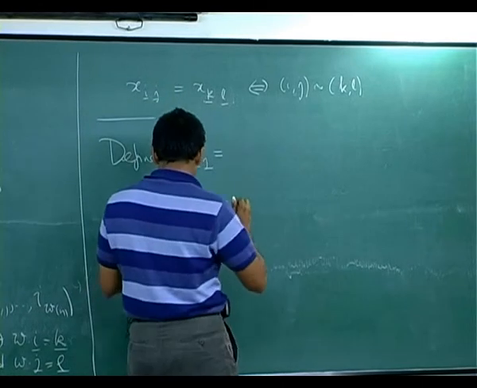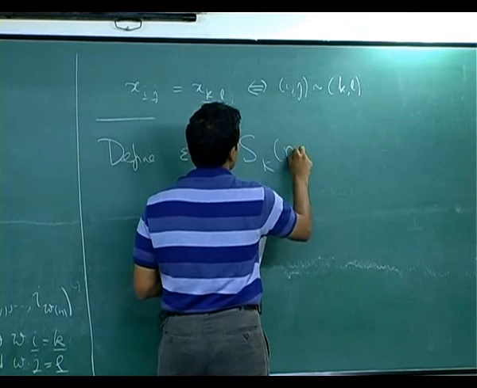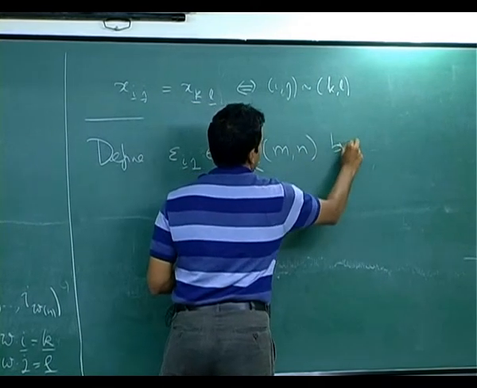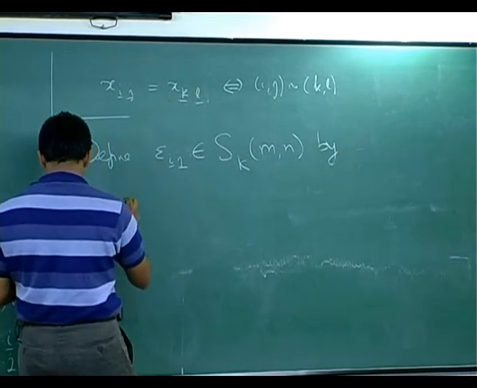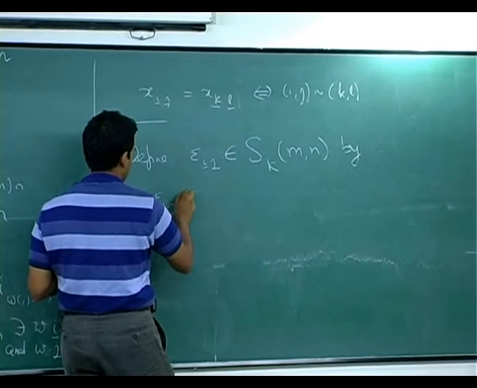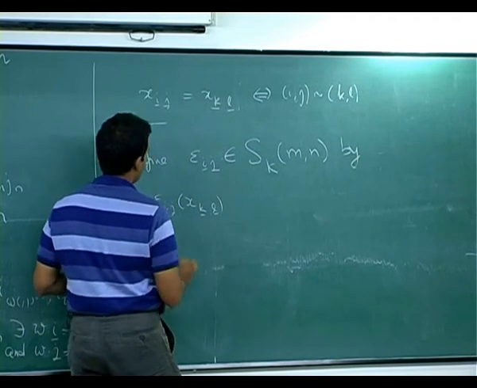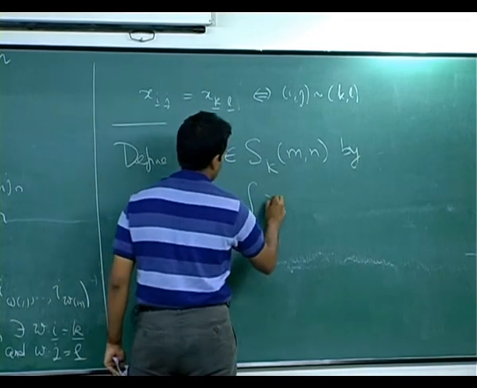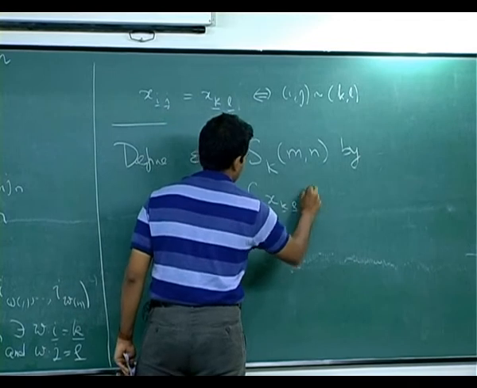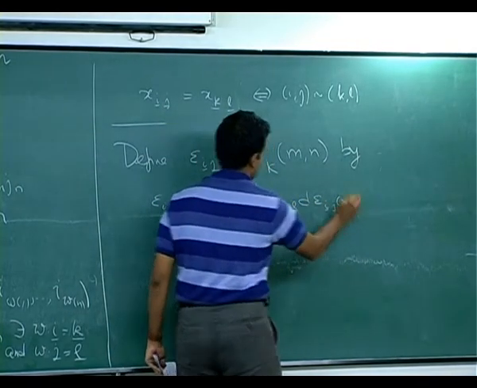So, epsilon ij, that is an element of the Schur algebra, by taking epsilon ij of x k L, or maybe I should be writing integral x k L d epsilon I j x, right.